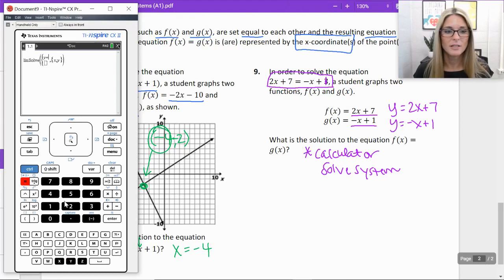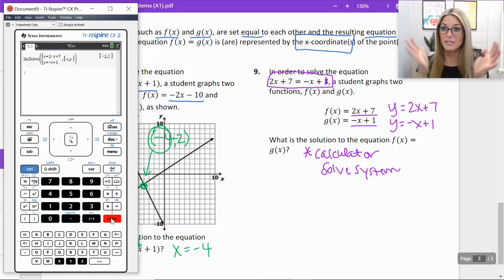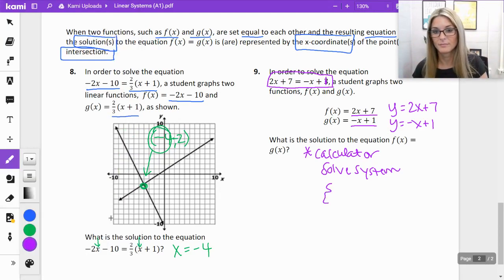Y equals 2x plus 7, and arrow down, y equals -x plus 1. And enter. Our intersection point, if this was a system, is -2, 3.